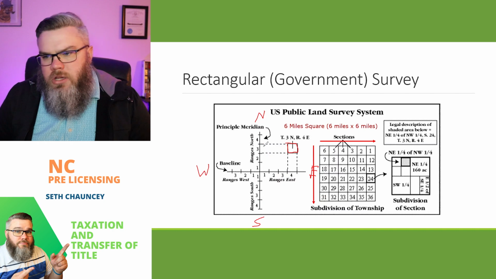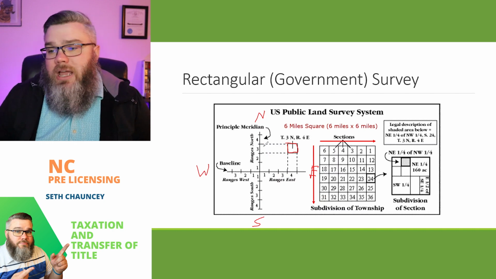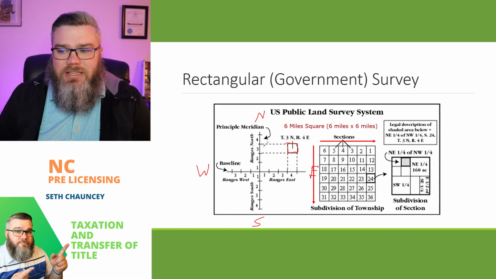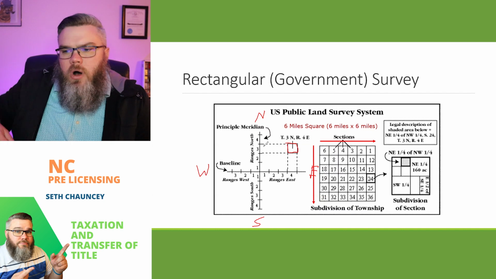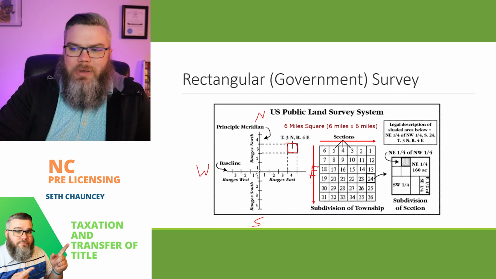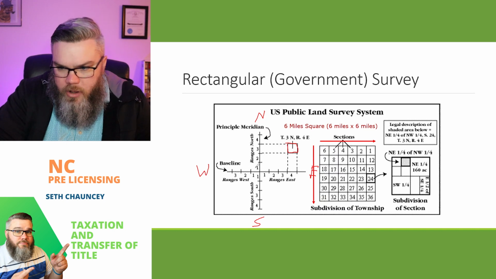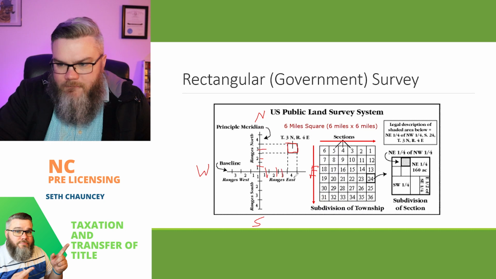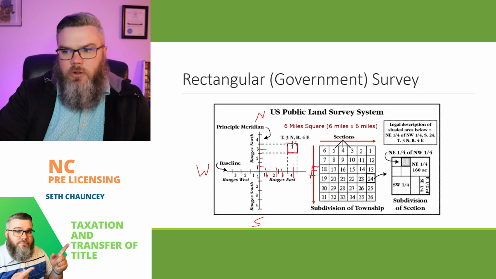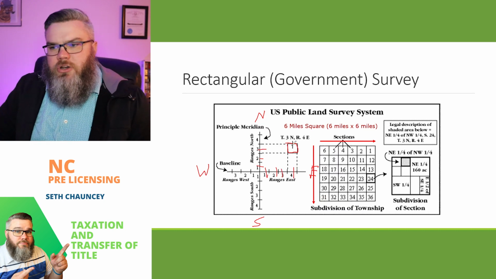So when you are talking about this township, you would refer to this as Township 3 North, Range 4 East. We would then go on to identify which principal meridian and baseline, but we don't need to go that in depth in this class because we went up 1, 2, 3 north, and we went 1, 2, 3, 4 to the east. So this is Township 3 North, Range 4 East.